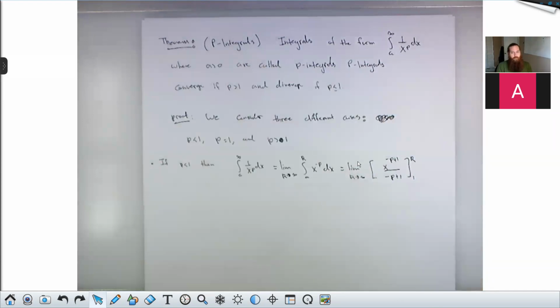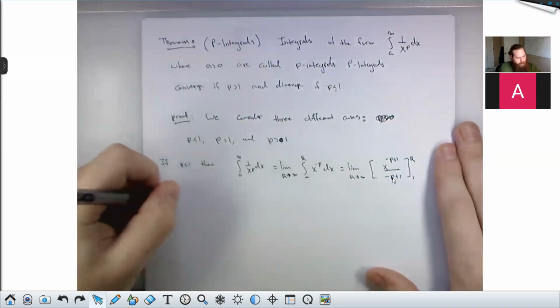And the important thing here is that we think about this power. If p is less than 1, is negative p plus 1 bigger than 0 or smaller than 0? I'll pop the constant term out. I've got a 1 over 1 minus p that can come out.